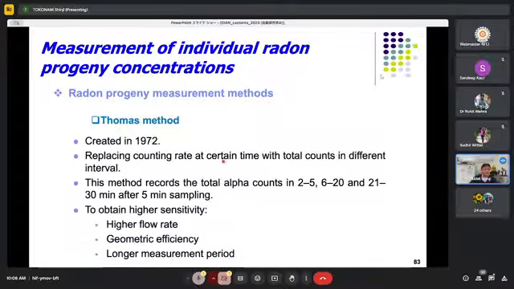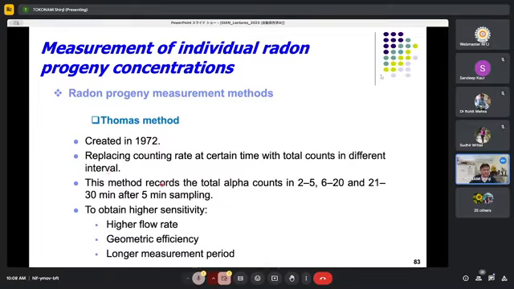The Thomas method. It was created in 1972. Replacing counting rate at certain time with total counts in different intervals.